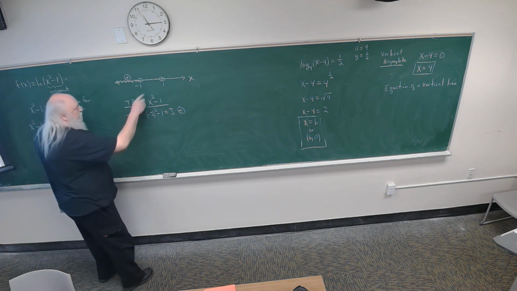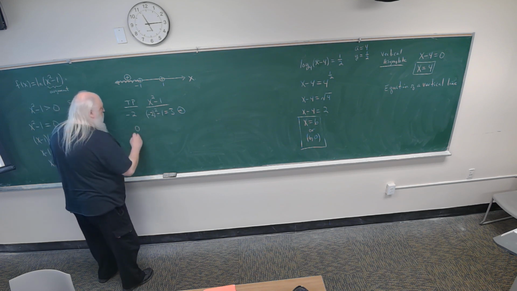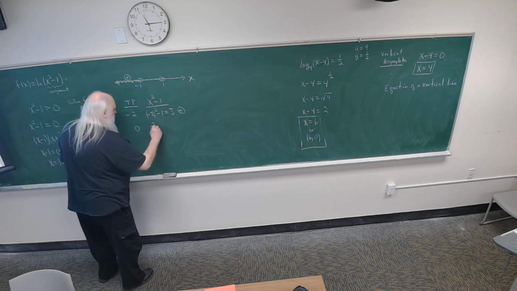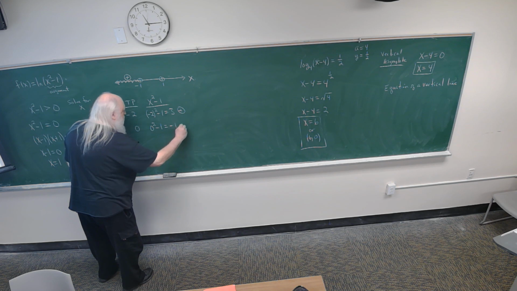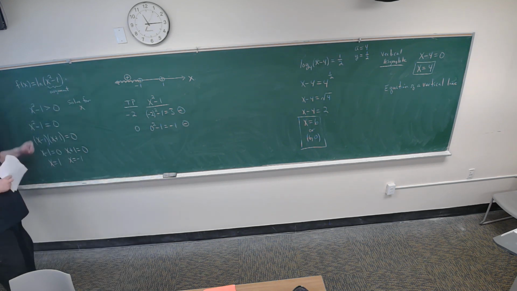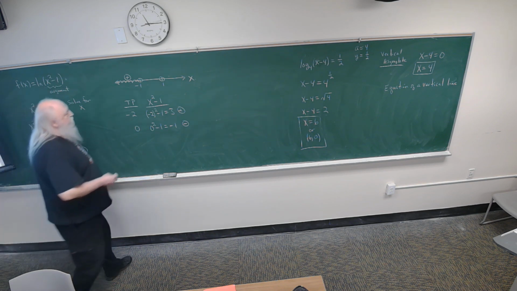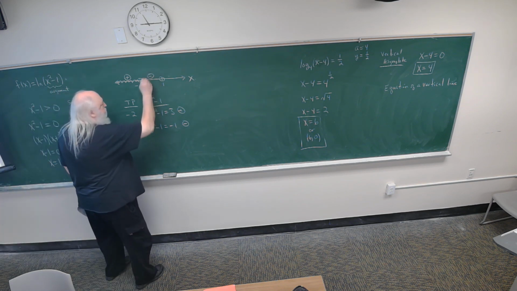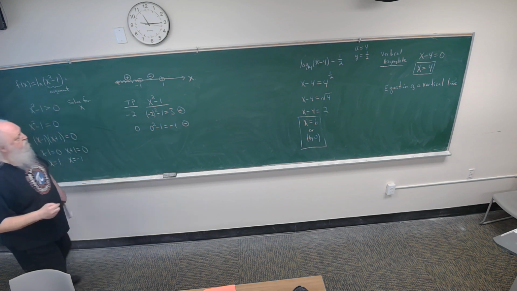The second interval contains the number 0. We put 0 for x to get -1. Well, -1 isn't greater than 0. So none of the numbers between -1 and 1 work.